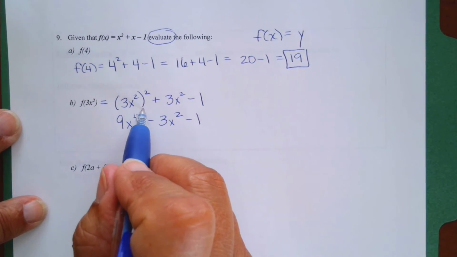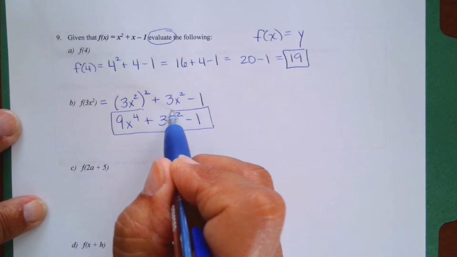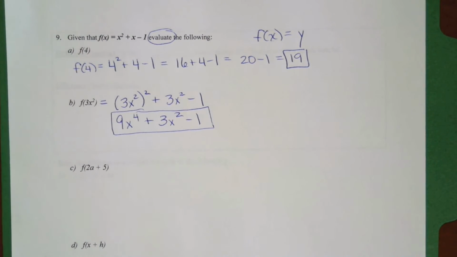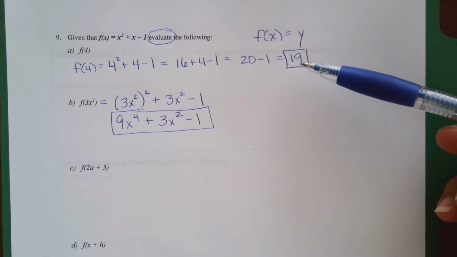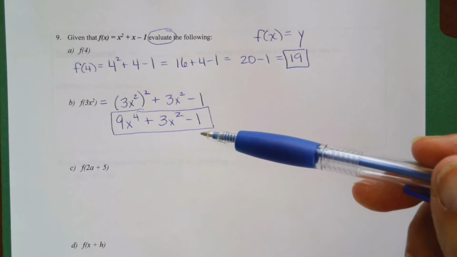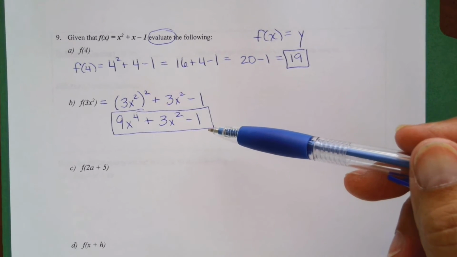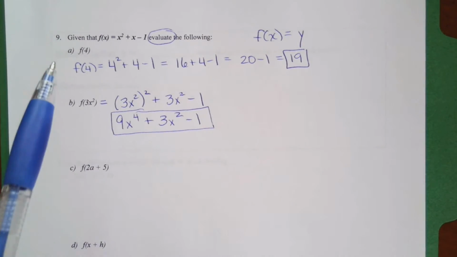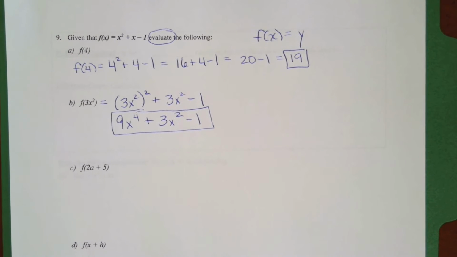And that's it. That's all I can do for this problem because there are no other like terms to add together. So there's your answer. That's what I mean by sometimes you'll get a numerical answer, sometimes you'll get an algebraic polynomial that has variables in it. So it kind of depends on what you're putting into the function.